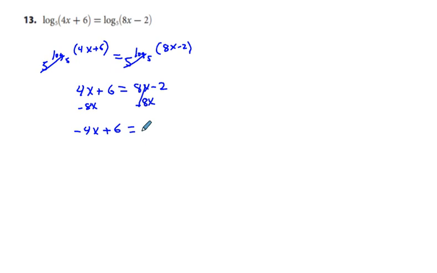And on the right side, we have negative 2. Next, if we subtract 6 from both sides, we have negative 4x equals negative 8. And now if we divide by negative 4, we have x is equal to 2.